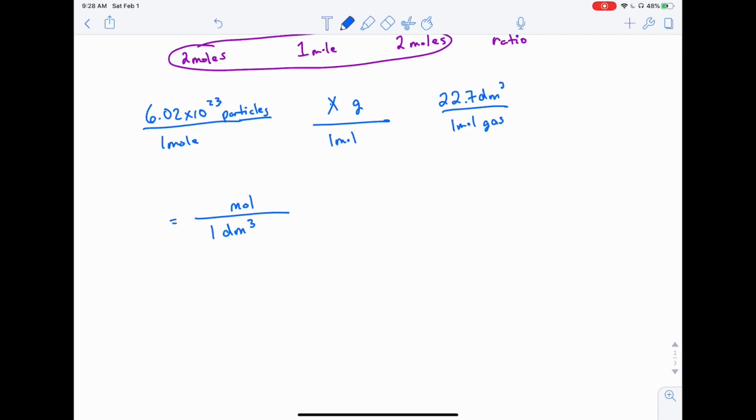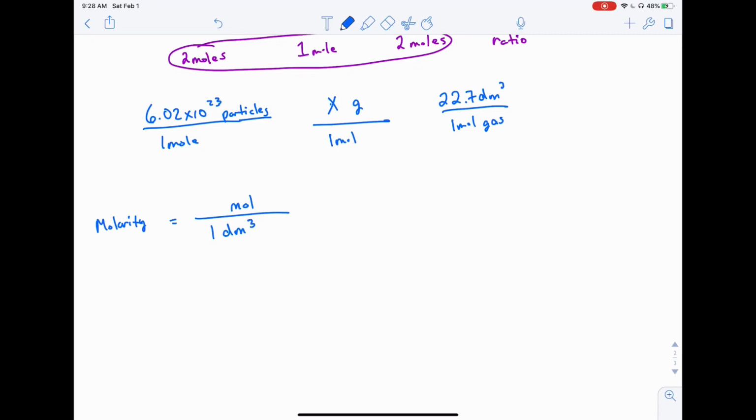This is another way to measure the amount of something in our reaction. Most aqueous solutions are measured in a concentration like this. But all of them still have the word mole in them, so they're all useful in these calculations.